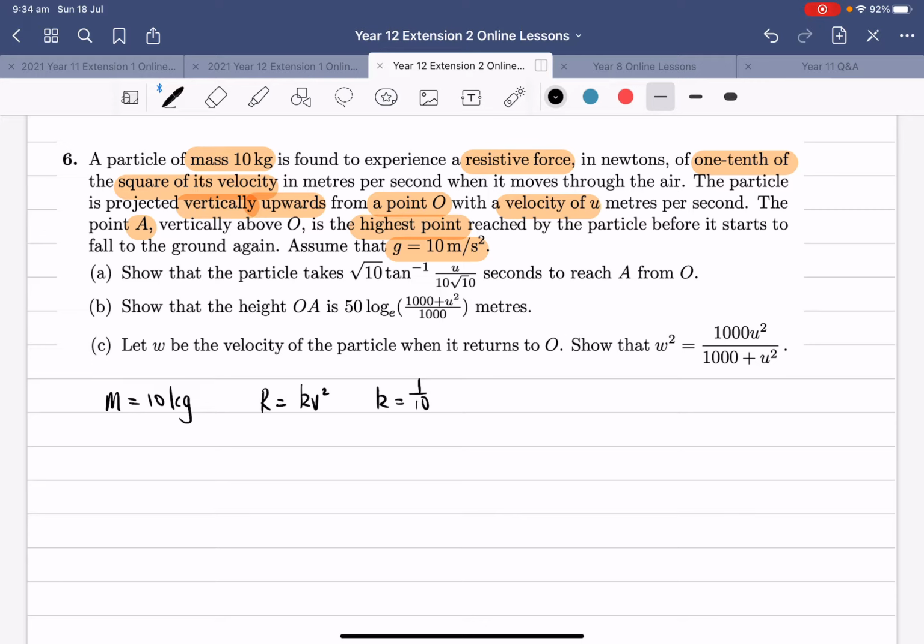When t is equal to 0, the initial velocity is equal to u. The highest point is A. And we also know that g is equal to 10. That's all we know from the information provided to us.